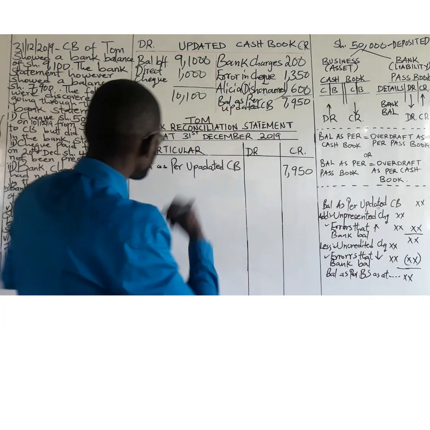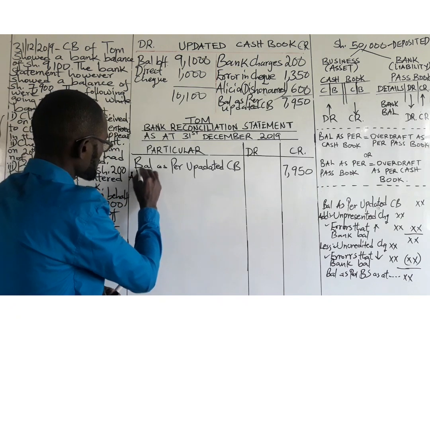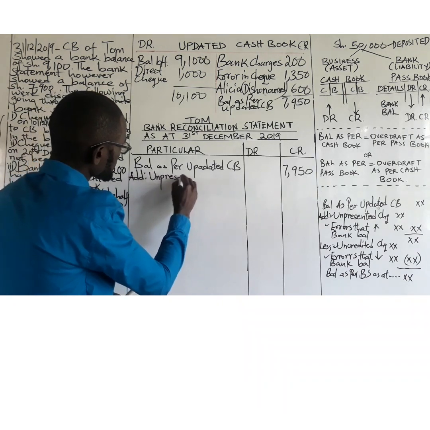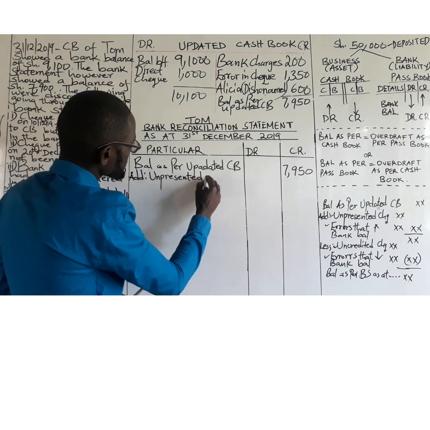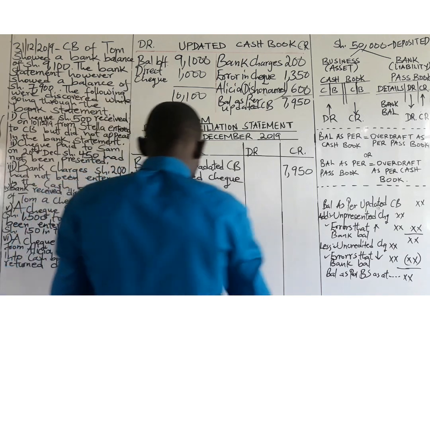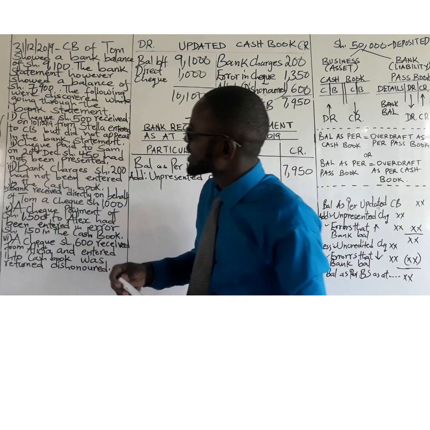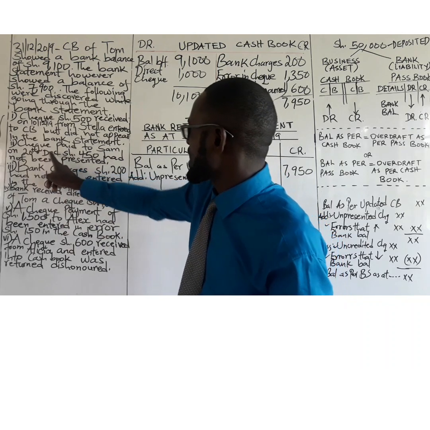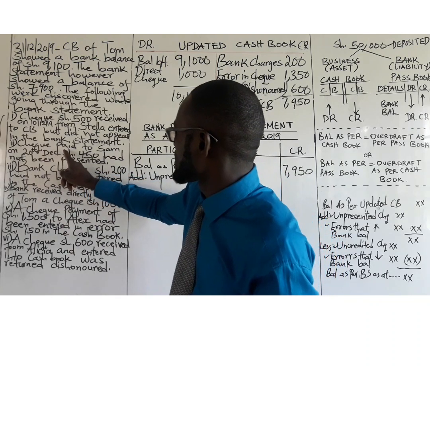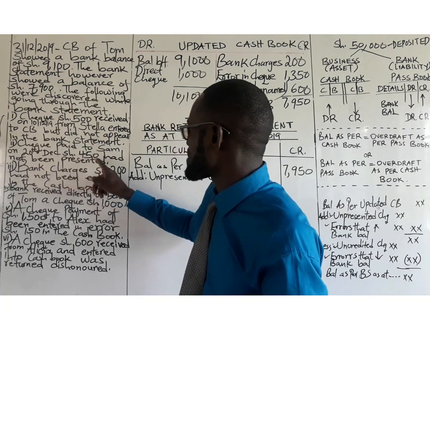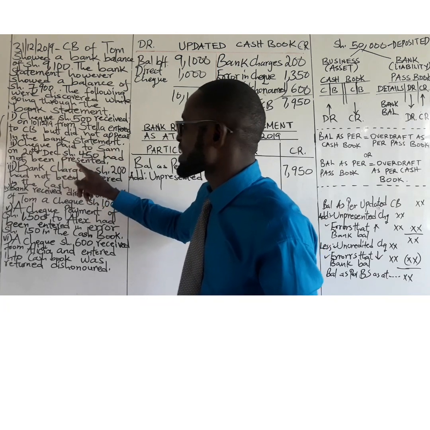So we are supposed to add unpresented checks. Now, who had an unpresented check here? Let us see. We have a check paid to Sum on the 20th for 50 that had not been presented.